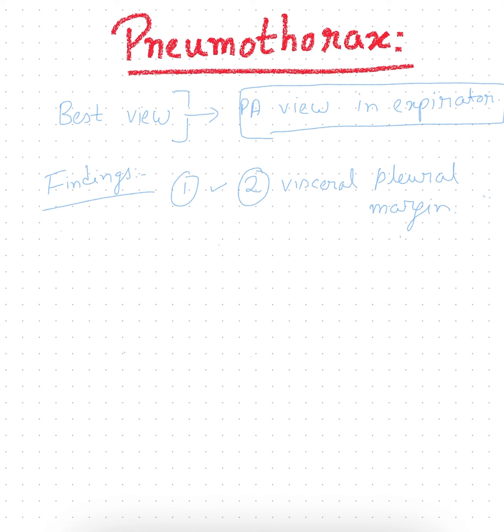Because of the accumulation of air in the pleural cavity, we can see the visceral pleural margin well in pneumothorax.